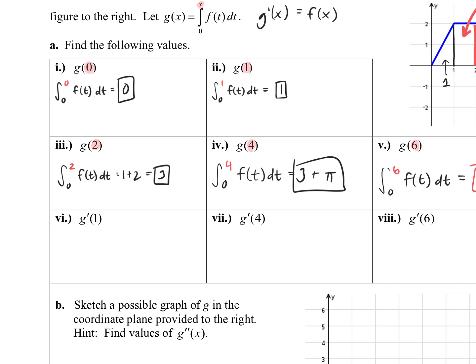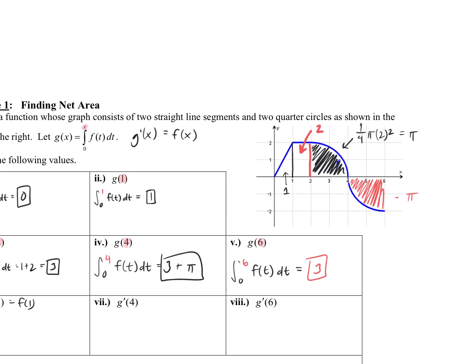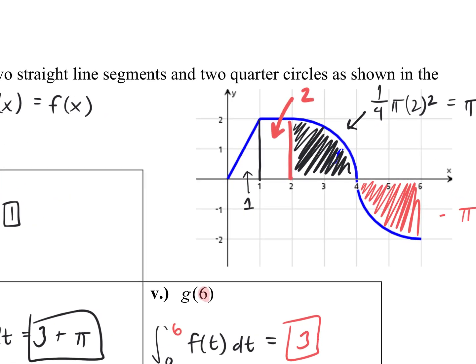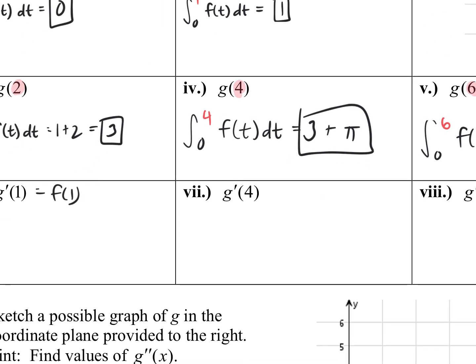So g prime of 1 is equal to f of 1. And aren't we given the graph f of x? Yeah. So can I find out what f of 1 would be? Yeah, that blue line there tells me those values at each point. So if I look at 1, what's my y value at 1? 2. So f of 1 is equal to 2.